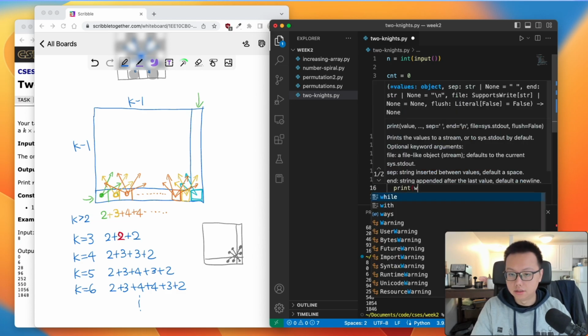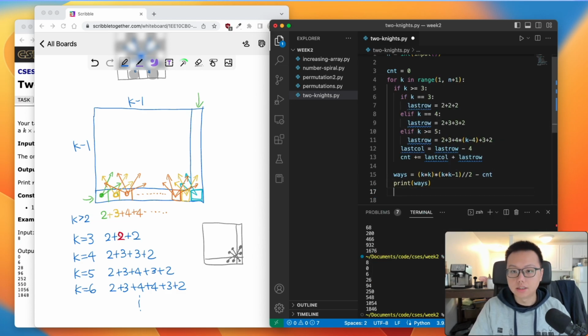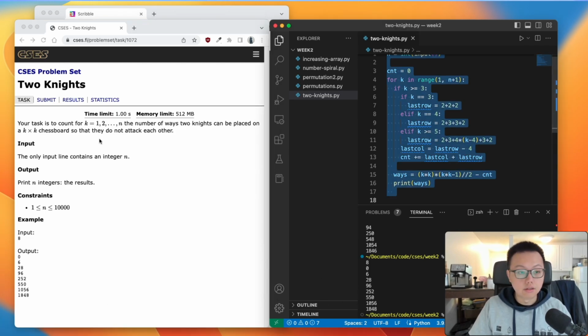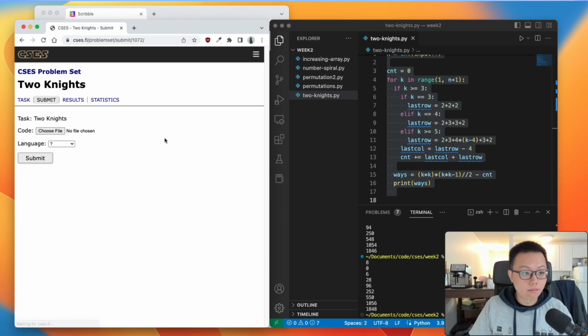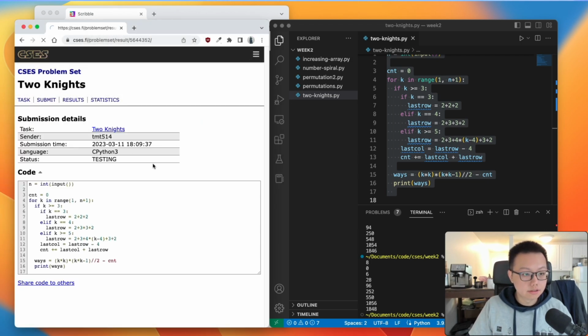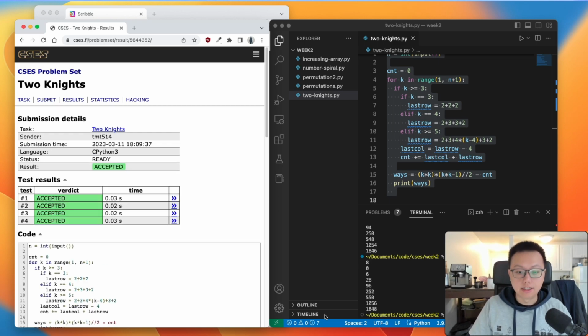So this is what we got. Let's try this. If we enter n equals 8, we should print out the first 8 terms, so that should be the same. Let's try to upload it. And aha, it gets accepted.